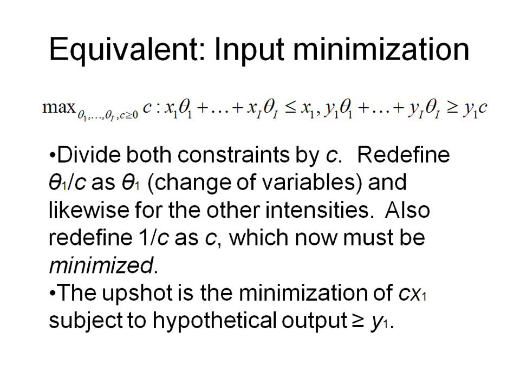Now let us look at the coefficients in the constraints. In the first constraints, the coefficients are x1 through xi. Okay? Actually, it is a vector inequality, so every component of that inequality is a constraint.